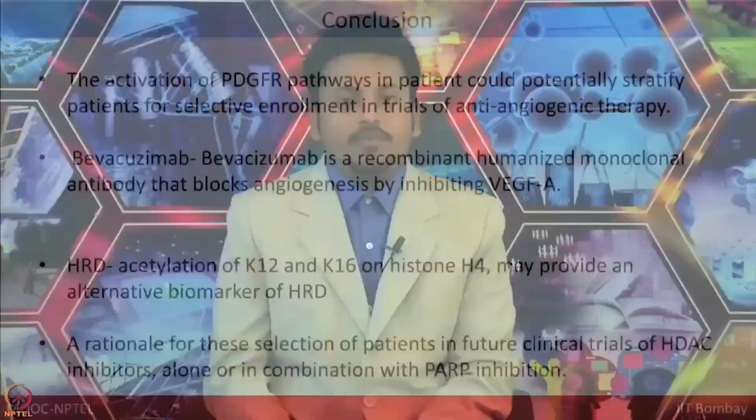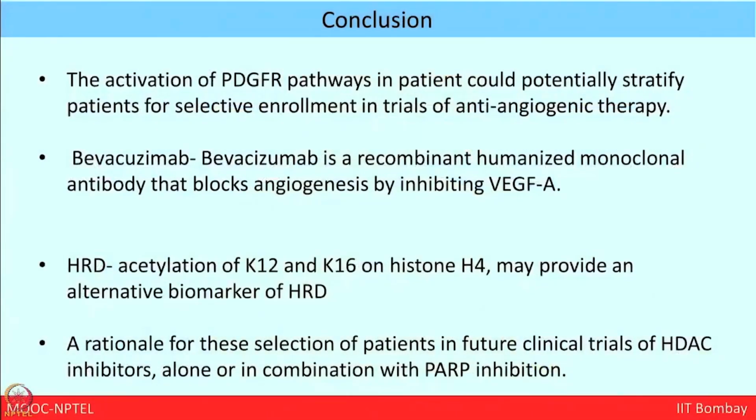So, the conclusion from the study: we understand that the activation of the PDGFR pathway in patients could potentially stratify selective enrollment in trials of anti-angiogenic therapy. A recombinant human monoclonal antibody that blocks angiogenesis by inhibiting VEGF-A has already been trialed in patients.